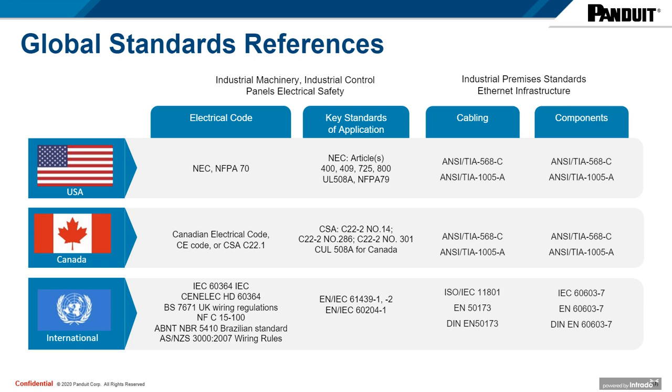And just to give you a quick overview of the standards relating to the control panel space, the left two tabs are the electrical safety standards I was just referencing for the US and for Canada, and some of the international standards as well. Then on the right-hand side are the cabling and component standards. These are industrial Ethernet premises standards, which are the cabling and connectivity standards for structured cabling across the plant floor. So these standards control the cabling, connectivity, and performance across the plant floor.